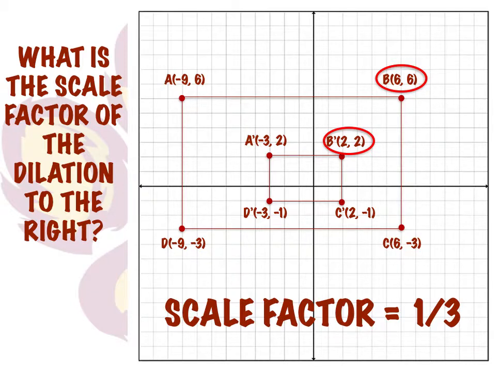And then you count on the image after the dilation, the smaller rectangle has a side length of 3. So to go from 9 to 3, again, you divide by 3. So either way would be possible to find your scale factor.